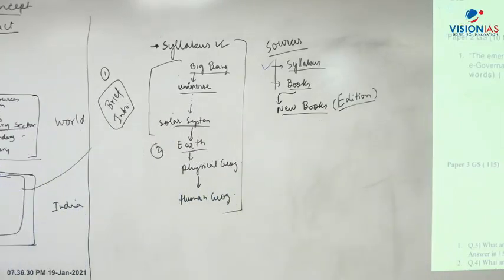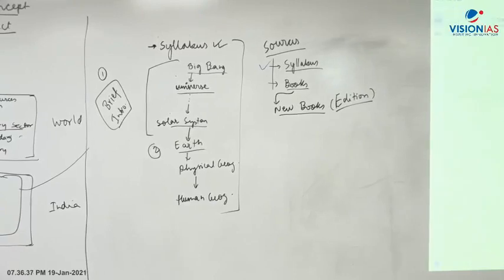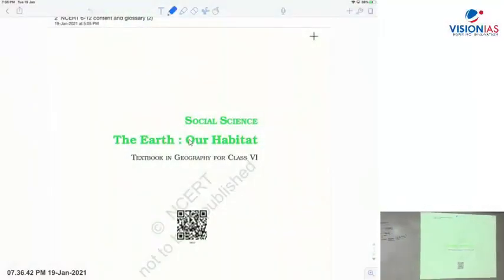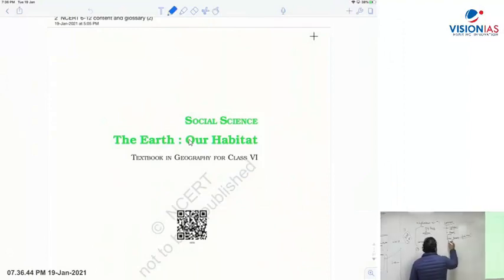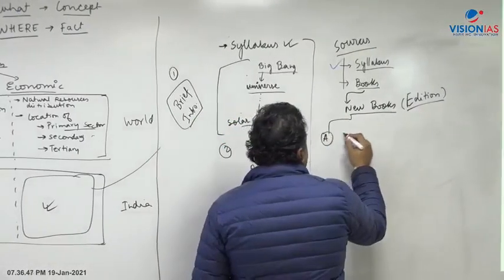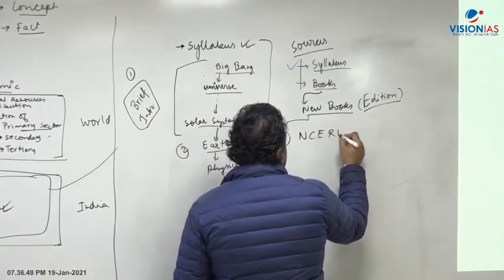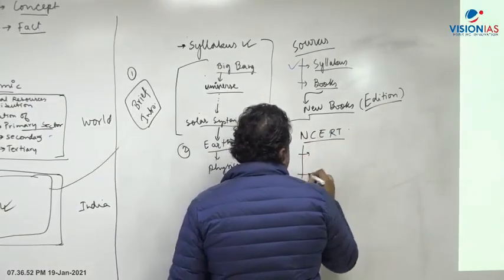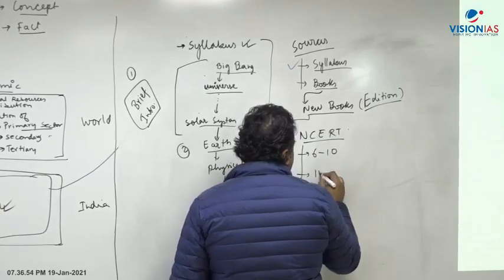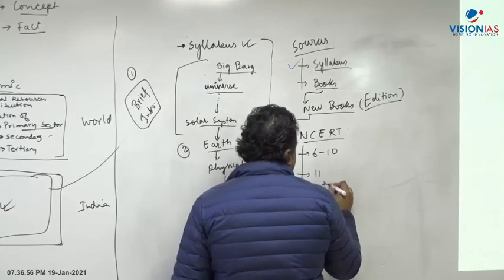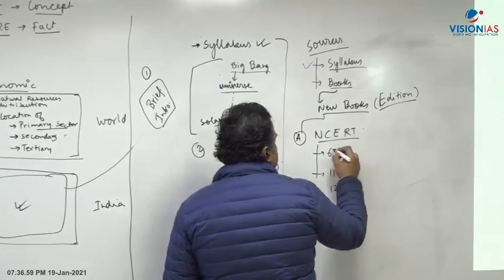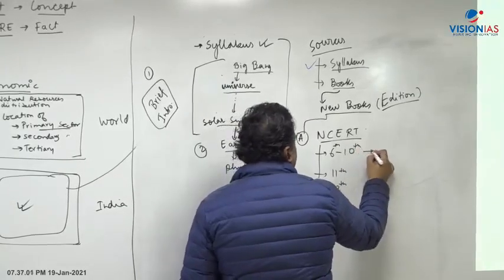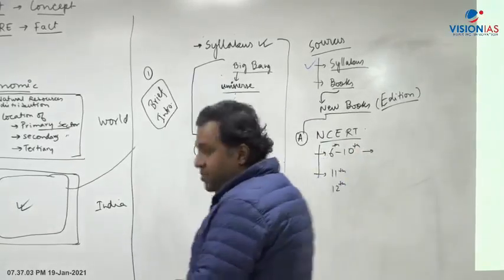Which books do I expect you to read? The first set of books is your NCERT books, and I'll divide them into two groups: 6th to 10th, and 11th and 12th. The 6th to 10th NCERTs are the ones being projected on the board.